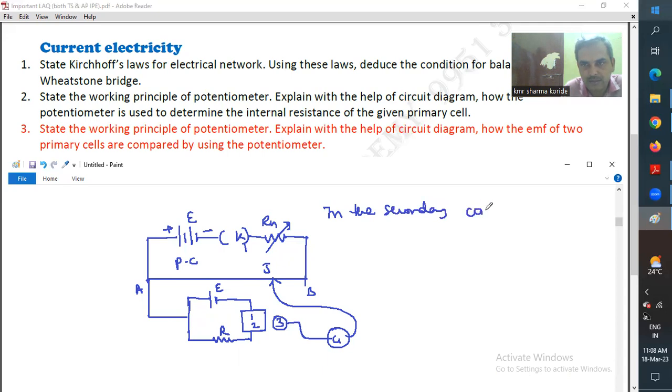So here you can write, in the secondary circuit, a cell of EMF E and a resistance capital R are connected in parallel.